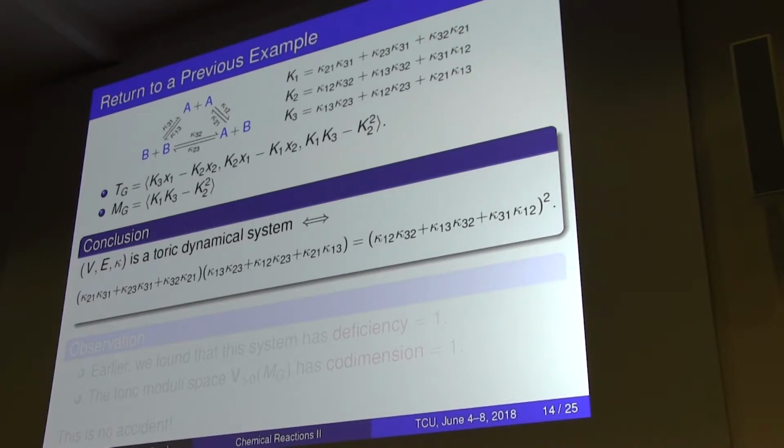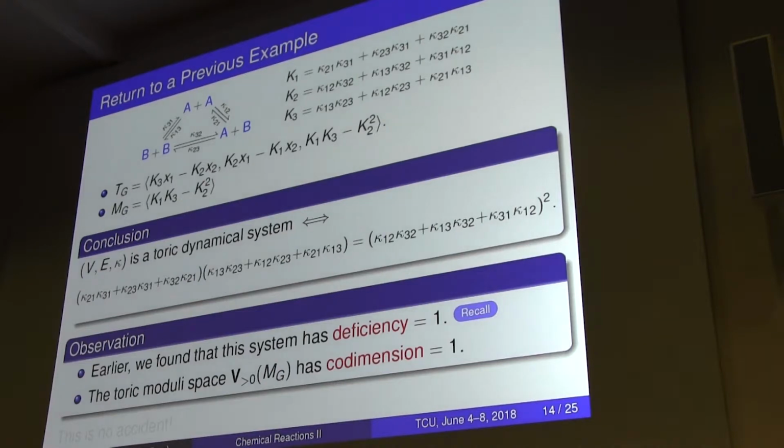Remember, this is the one that basically gives the rate constants and the witness, and this is the one that just says what the rate constants have to satisfy. Putting this together, we get this very pretty result that this system is a toric dynamical system exactly when this happens. So when my positive rate constants satisfy this, I know the theory guarantees there's going to be a positive complex balance solution that makes this work.